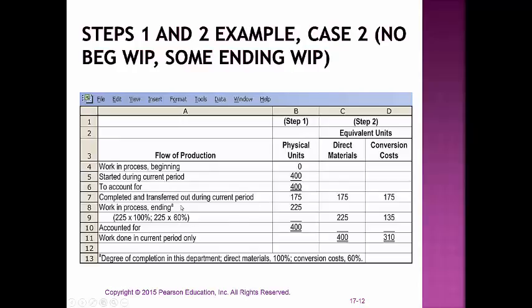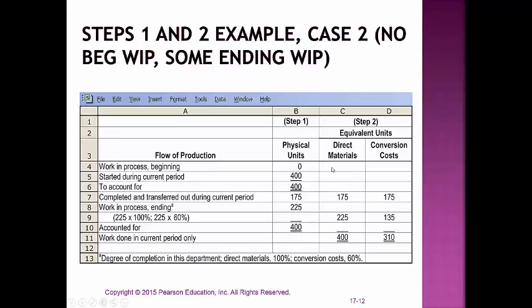Whatever we did not complete and transfer out is remaining. If you take 400 and subtract 175, then we have 225 units still in process, not 100% complete yet. So 175 plus 225 means we've got 400 total accounted for.